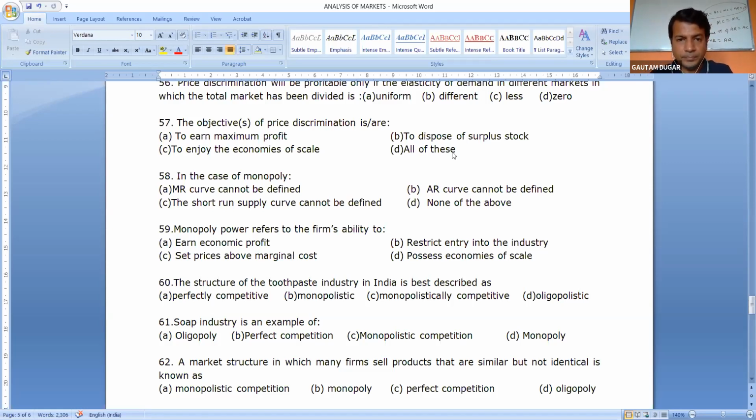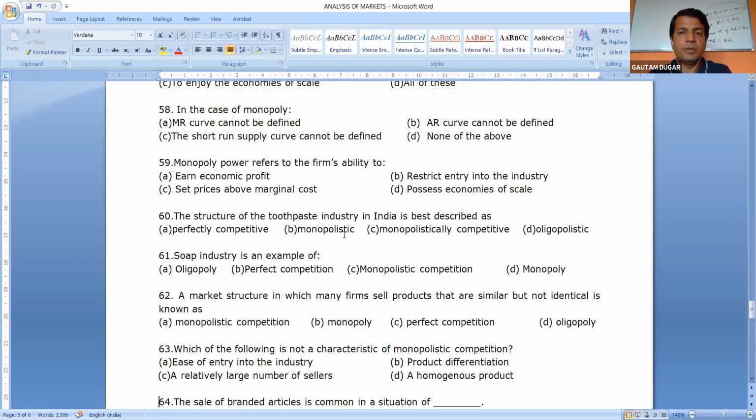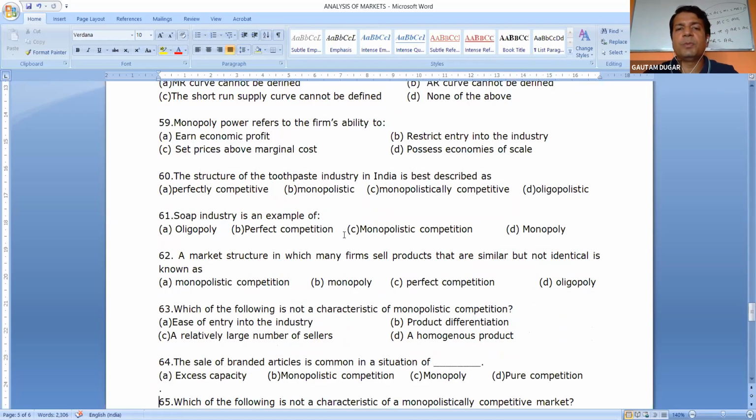59. Monopoly power refers to the firm's ability to... What is monopoly power? It refers to the firm's ability to charge higher prices above the marginal cost.